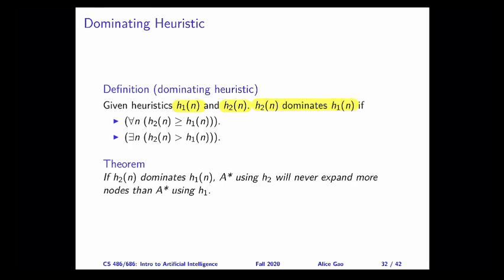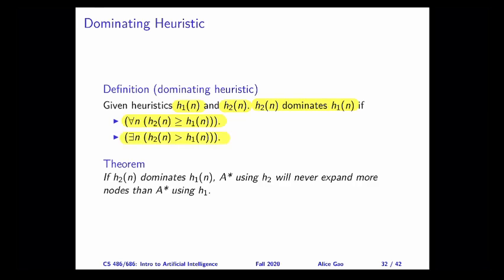Condition number 1. For every state, h2 produces a weakly higher value than h1. Weakly means greater than or equal to, so the two values can be the same. Condition number 2. There exists at least one state where h2 produces a strictly larger value than h1.